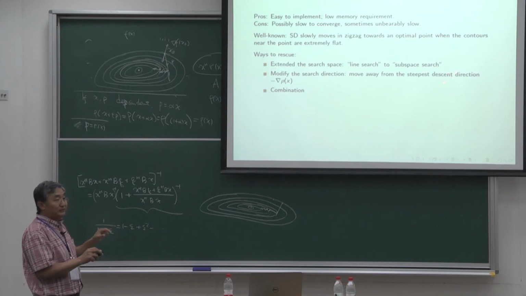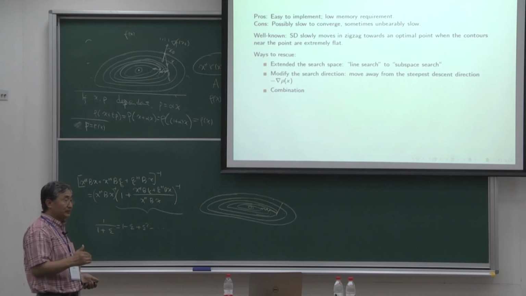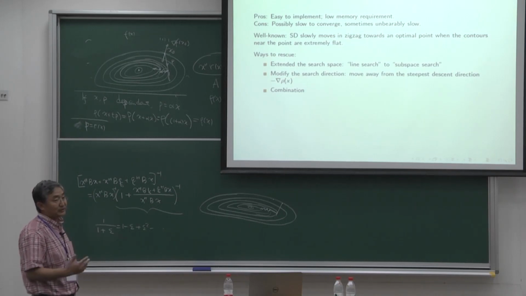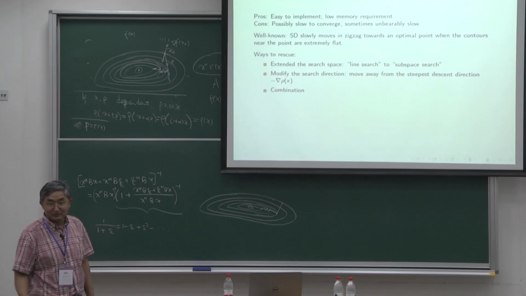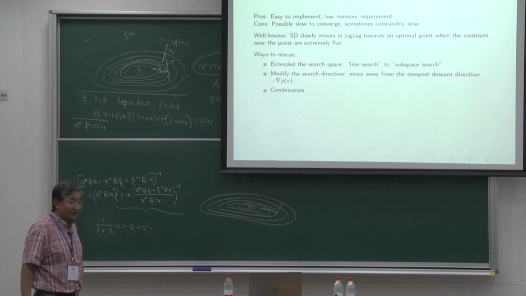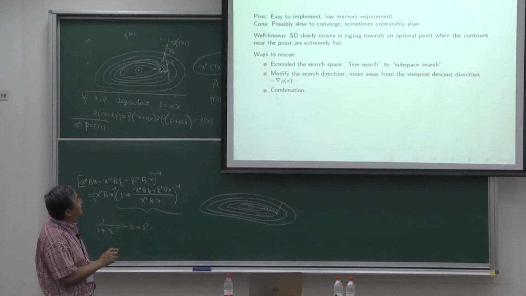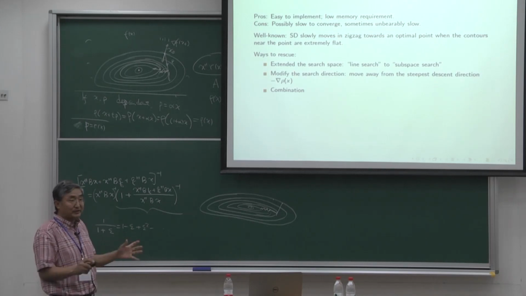We minimize in a subspace of dimension 2. Then one idea is we can make the space larger. You minimize over a larger space. In the extreme case, you minimize over the entire space. Then you have the solution, which of course is not practical, but is an extreme situation. So one of the ideas is to expand the subspace.